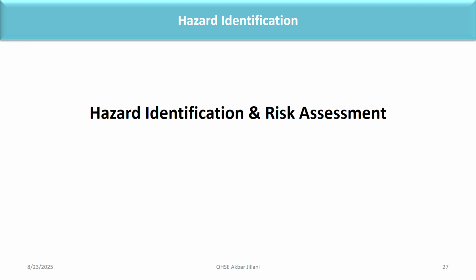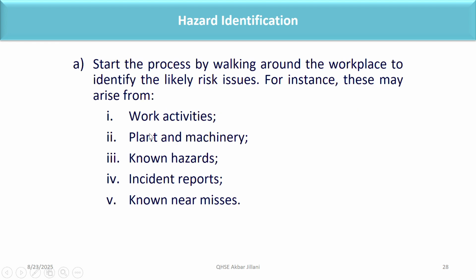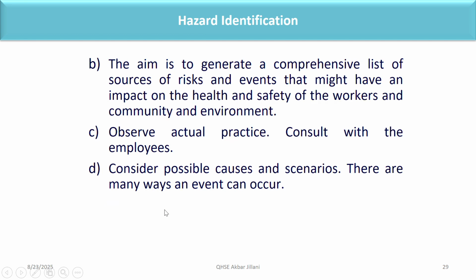Hazard identification and risk assessment. For hazard identification we will have another video, but it is better to understand this a little bit. Start the process by walking around the workplace. For instance, hazards may arise from work activities, plant and machinery, known hazards, incident reports, and known near misses.